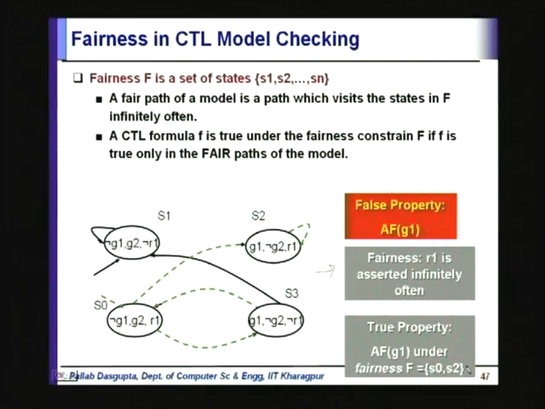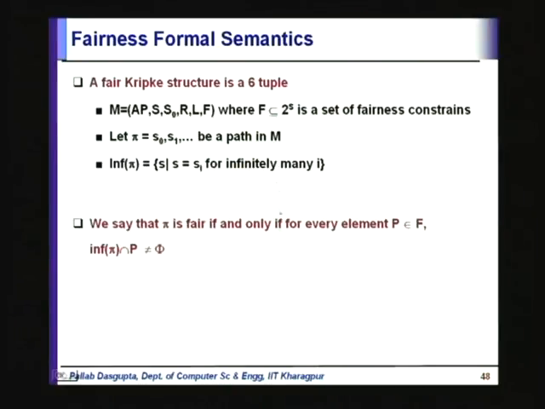This fairness constraint is this one state set, S0, S2, right. So, if you have k different fairness constraints, you will have k such state sets. That is why this is a subset of 2 to the power S, which means that it is a subset of the power set of S. So, this is a collection of state sets. Each state set corresponds to a fairness constraint, and a path is fair if all the fairness constraints are satisfied, right.